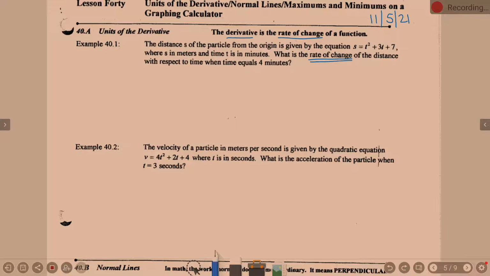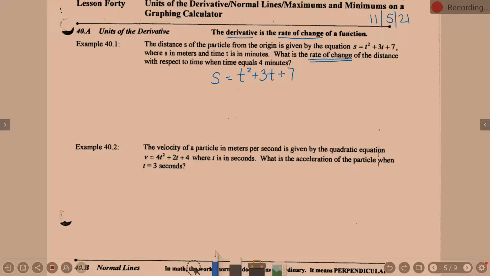If they're asking for the rate of change of the distance, what do they ask me to find? The derivative.